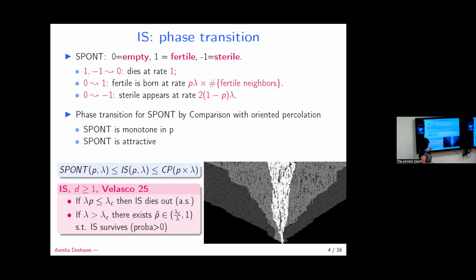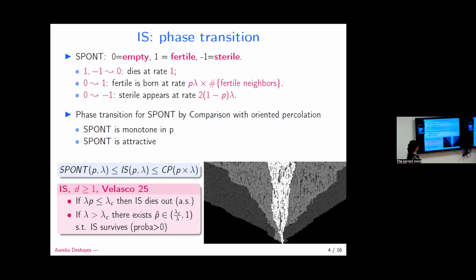And for lambda larger than lambda c, there exists a p large enough such that for p larger, the IS survives. So it survives with positive probability. It's never probability 1 with this kind of process. It always survives with a positive probability. So when I say there is survival, it is always with positive probability.